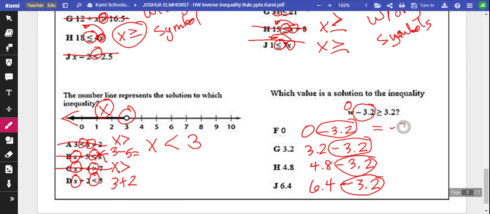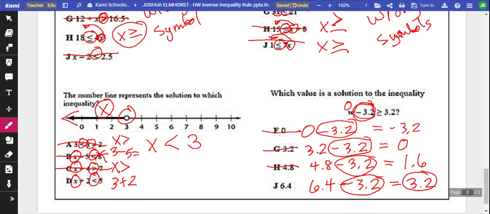So that equals negative 3.2. This equals 0. And this is going to equal 1.6. And that's going to equal 3.2. So none of those solutions work. So right here, negative 3.2 goes in, and then 3.2 is going to come out.